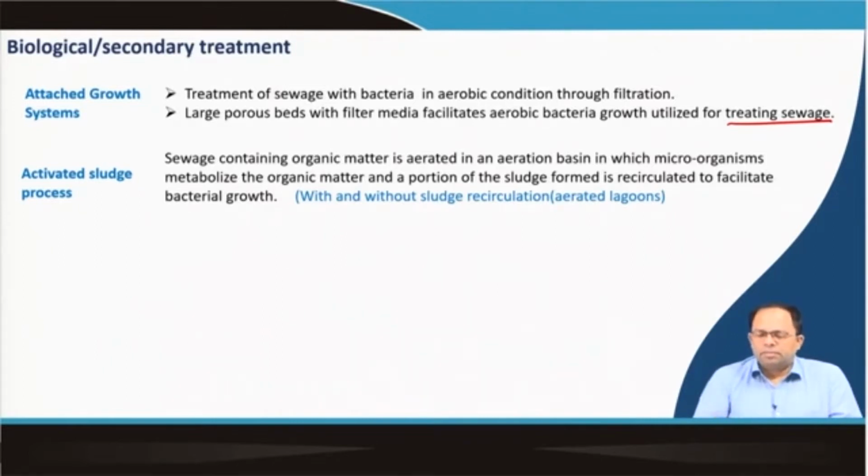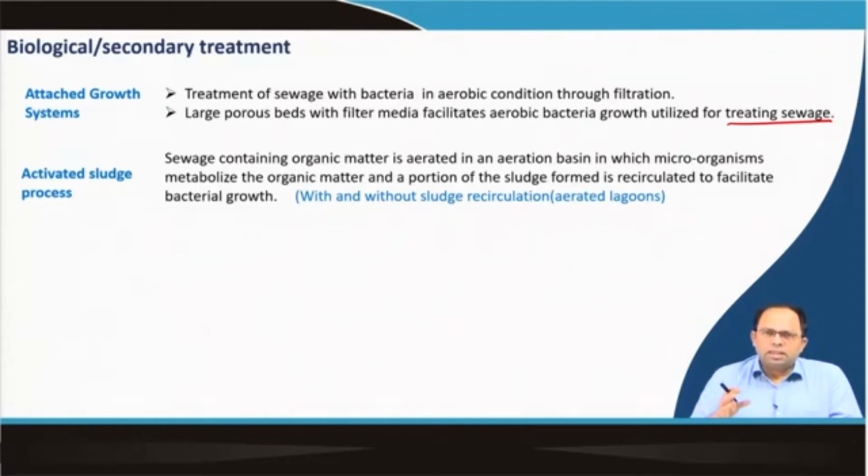Because it is in an aeration tank, sludge forms, which could sometimes be like a flock, which is a mix of organic matter as well as bacteria, and all this that is formed could also be reused again.